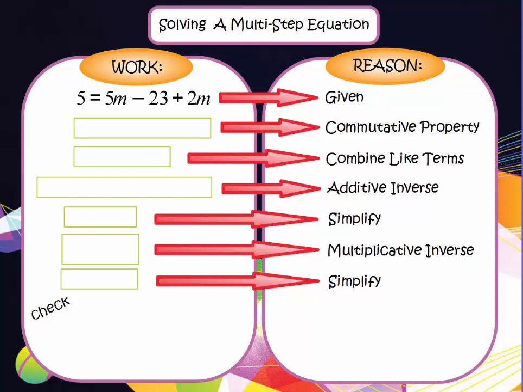In order to do that, the first thing we're going to do is I see that we have this 2m and this 5m here. These are like terms. So I'm going to try to put those two terms together as best I can. I can do that using the commutative property by moving this 2m and this negative 23. So let me do that.